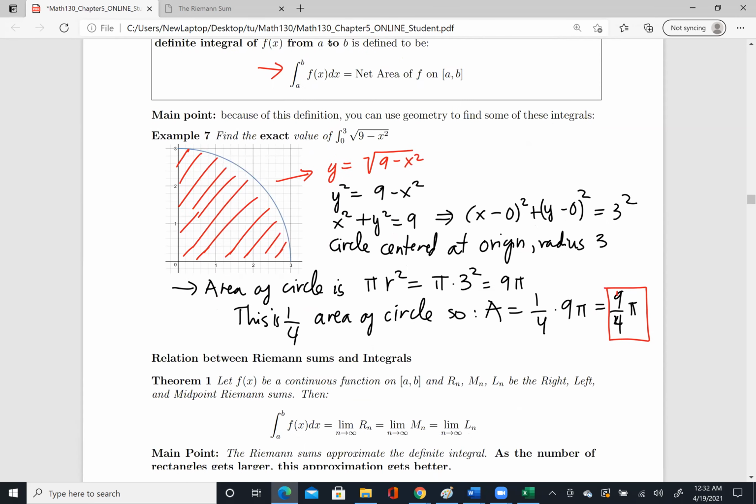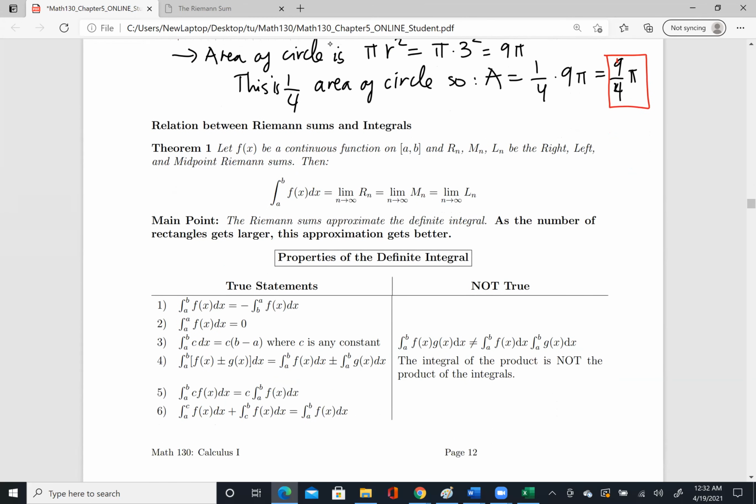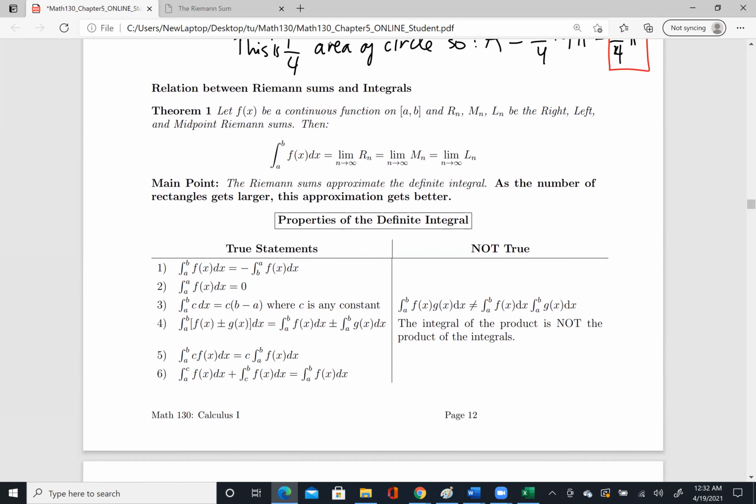Okay, so let's move down. Now we're going to talk about the relation between Riemann sums and integrals. Theorem number 1. Let f of x be a continuous function on the interval from a to b, and Rn, Mn, Ln be the right, left, and midpoint Riemann sums.